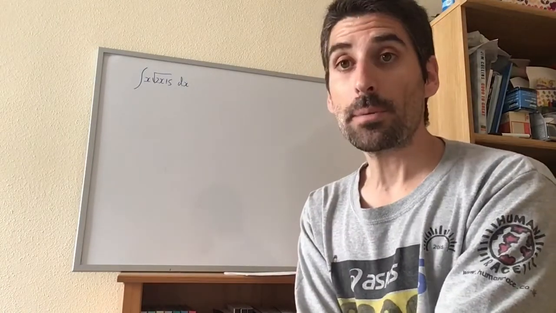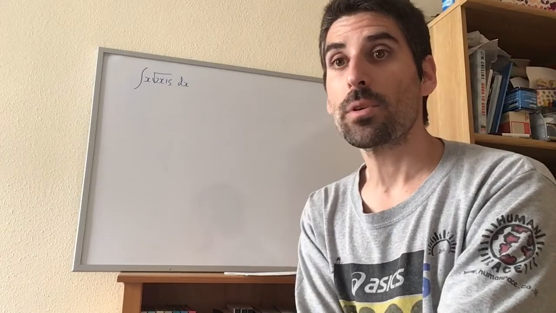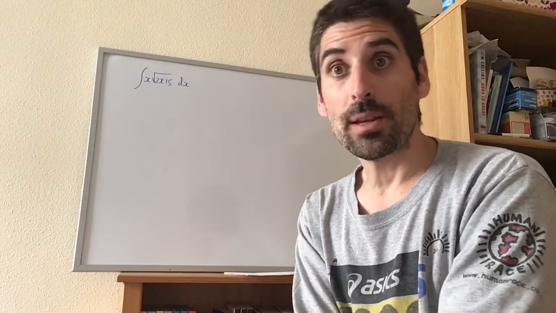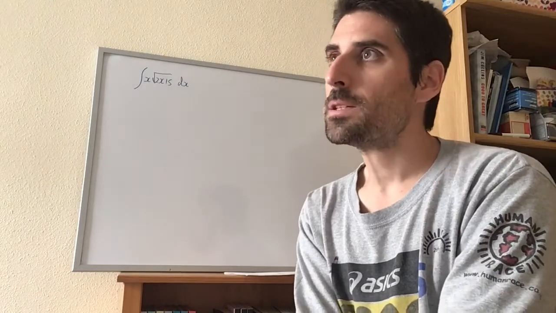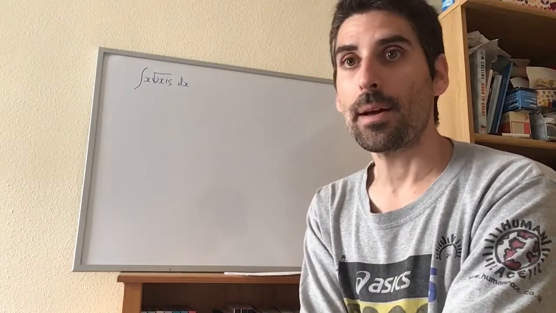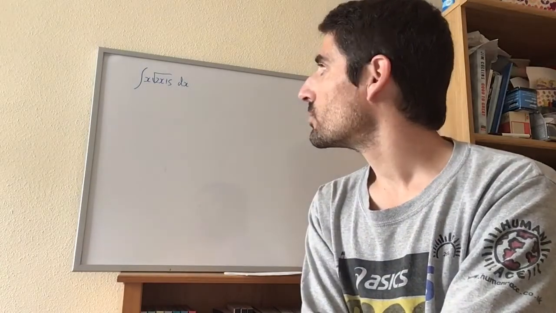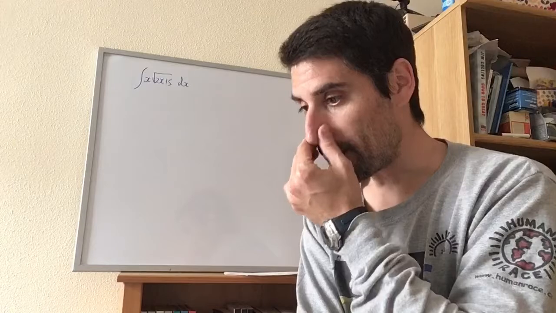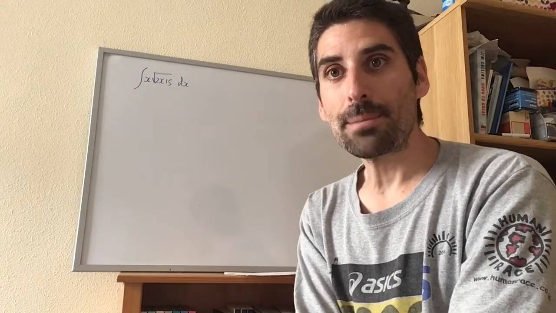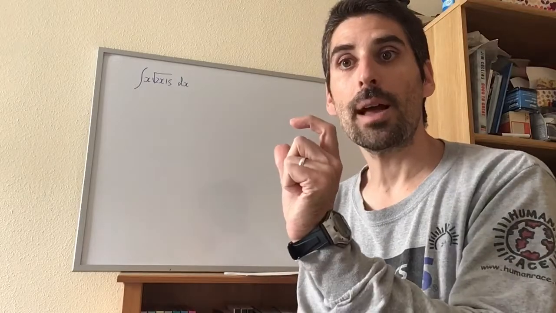Integration by substitution can be quite tricky depending on the question, all right? So basically, you've got something like this: the integral of x root 2x plus 5 dx. Integrating that can be a bit of a pain, but it can be simplified a lot by doing a change of variable.